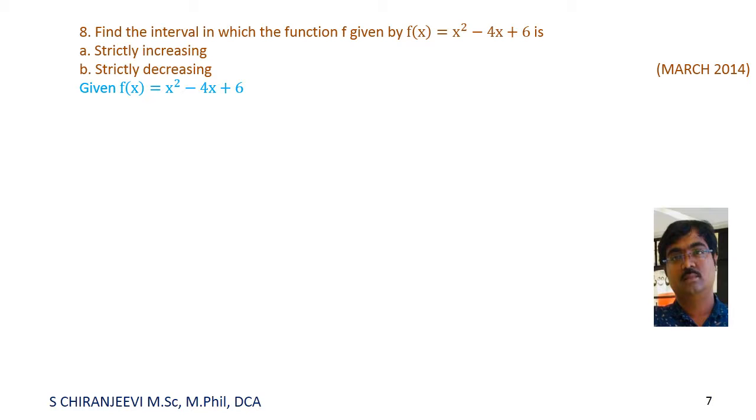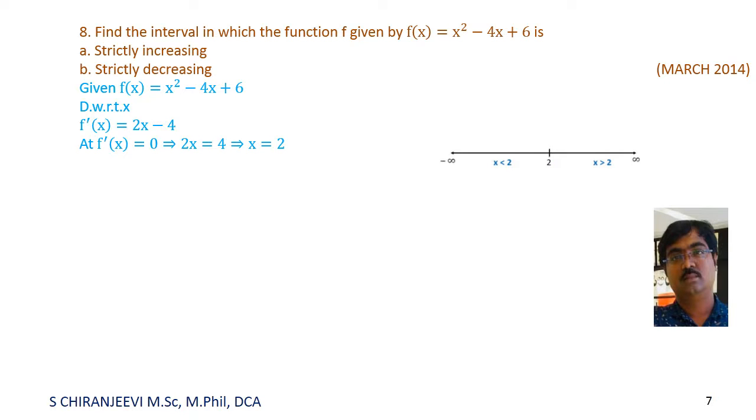Given f of x equal to x square minus 4x plus 6, differentiating with respect to x, f dash of x equal to 2x minus 4. At f dash of x equal to 0, 2x equal to 4 and x equal to 2. So we take a number line from minus infinity to infinity, and in between we get the value 2. So the intervals are minus infinity comma 2 and 2 comma infinity.